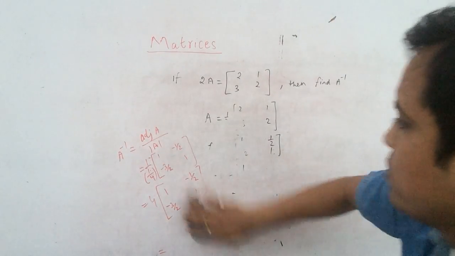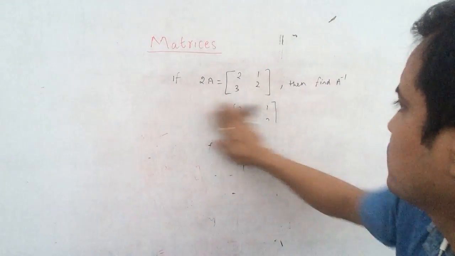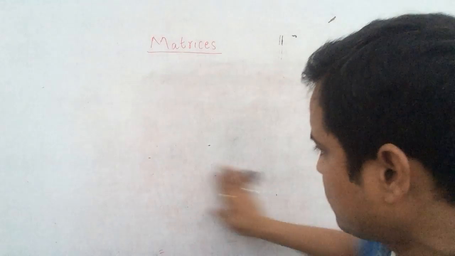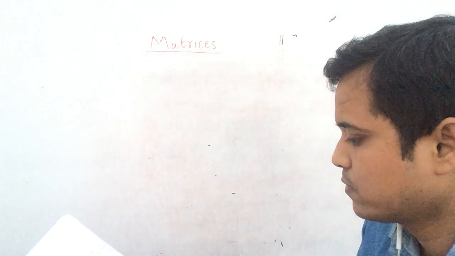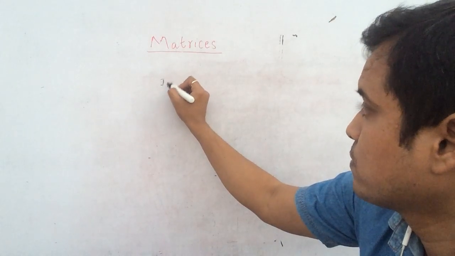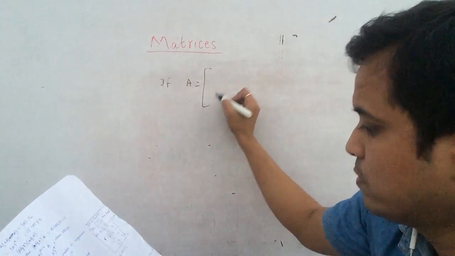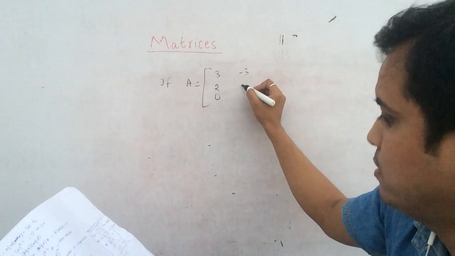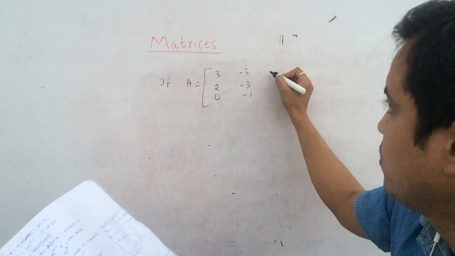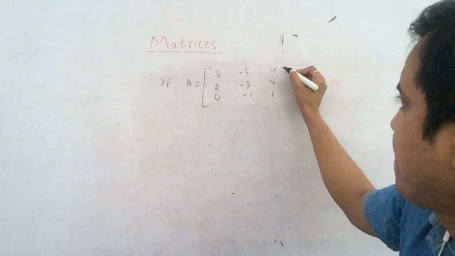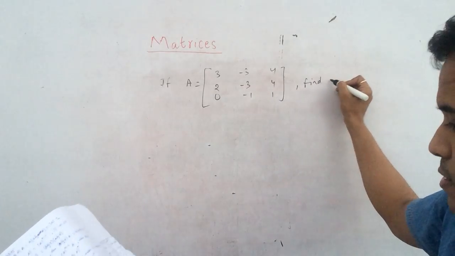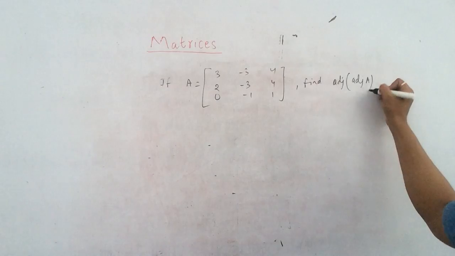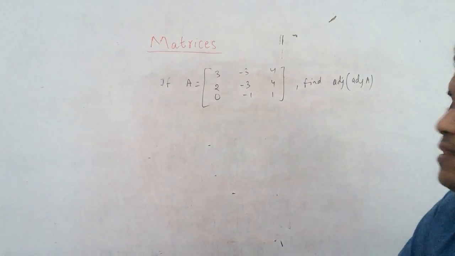Let's move to the next question here. If A equals 3, 2, 0, minus 3, minus 1, 4, 4, 1, then find the adjoint of A. Oh my god, this is very lengthy.